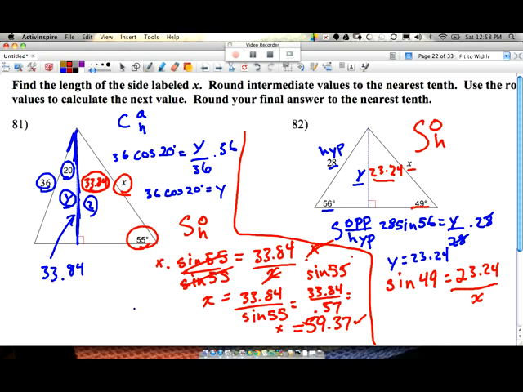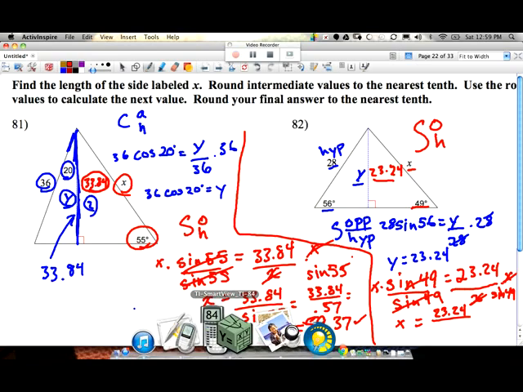Right, so we got the whole algebra going on, dividing, multiplying. This gets kind of repetitive because we've been doing it so much at this point.